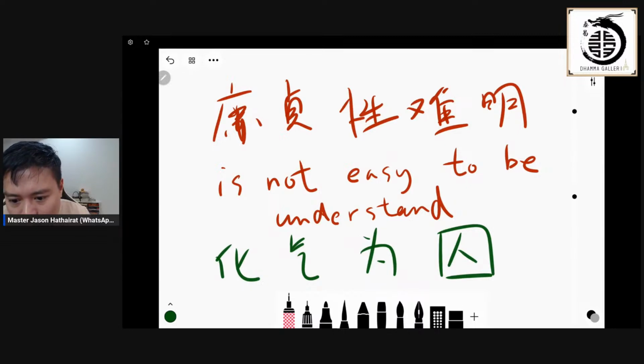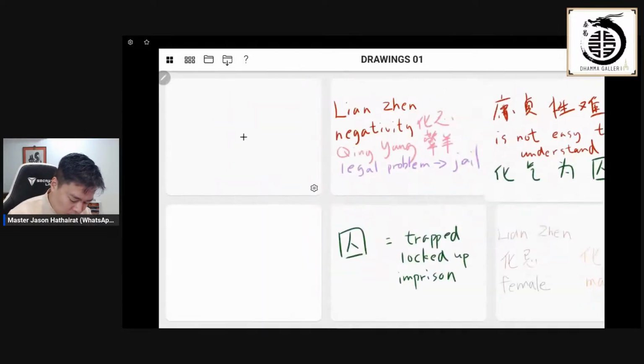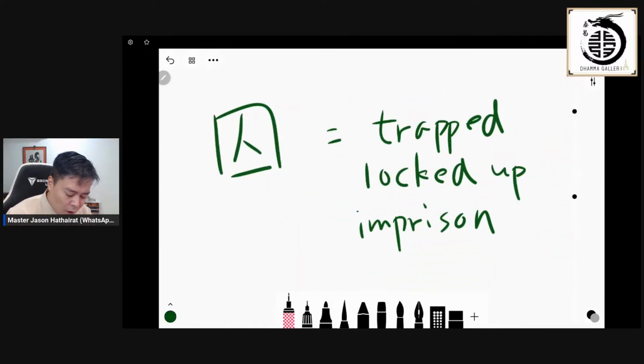Lian Zhen is also a kind of star that can represent legal problems when it is being paired with the negativity enhancer star, because 廉政化忌为囚. So it can actually mean being locked up, being trapped, being imprisoned.